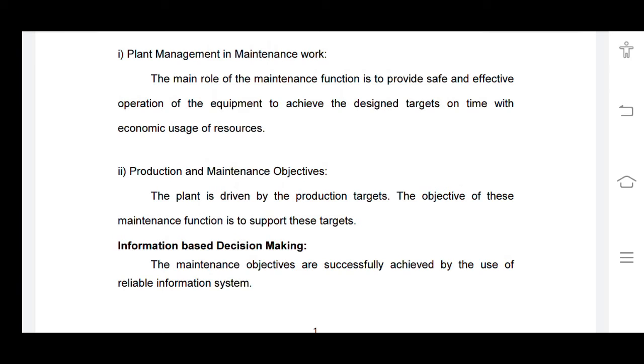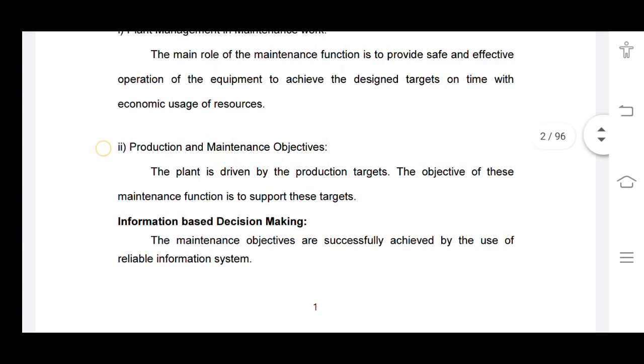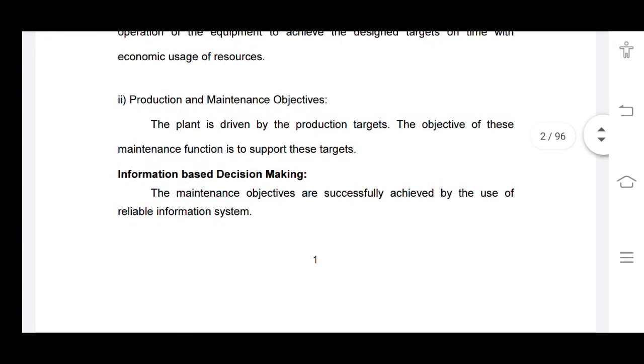And the second one is production and maintenance objective. In production and maintenance objective, the plant is driven by the production targets. The objective of the maintenance function is to support this target.